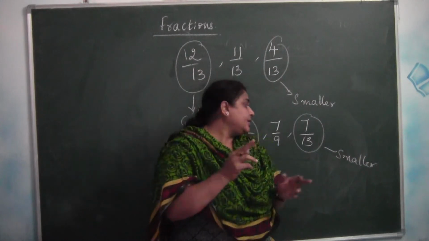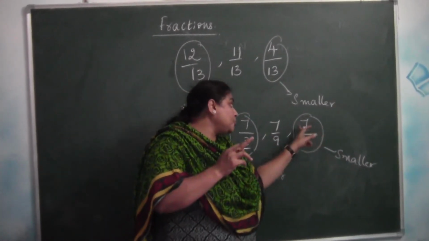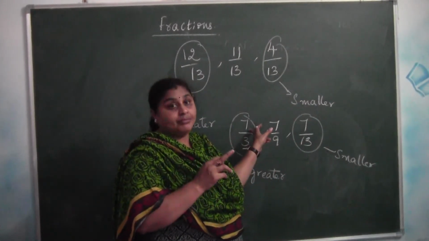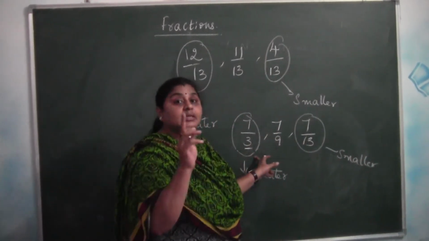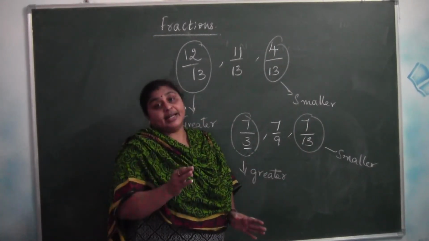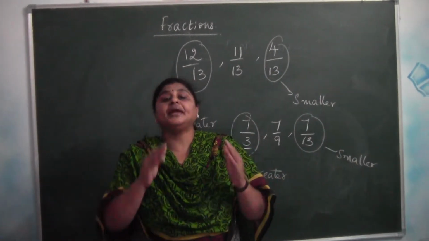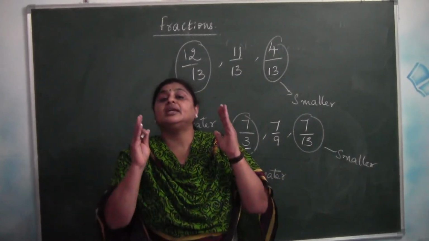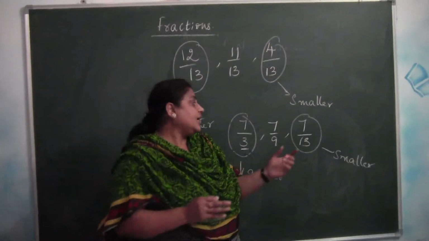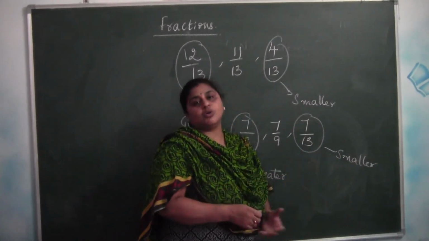But when denominators are different, I mean to say, if numerators are same, in that case, what are we going to say? The least the denominator, the greater the fraction. The greater the denominator, the least the fraction. It means if denominator is greater, then the fraction is smaller.